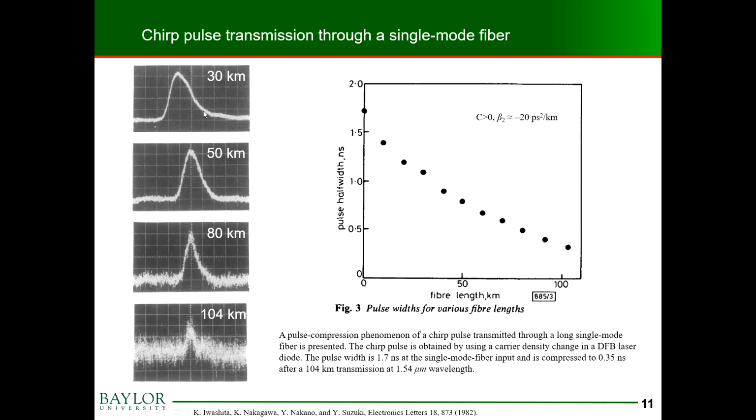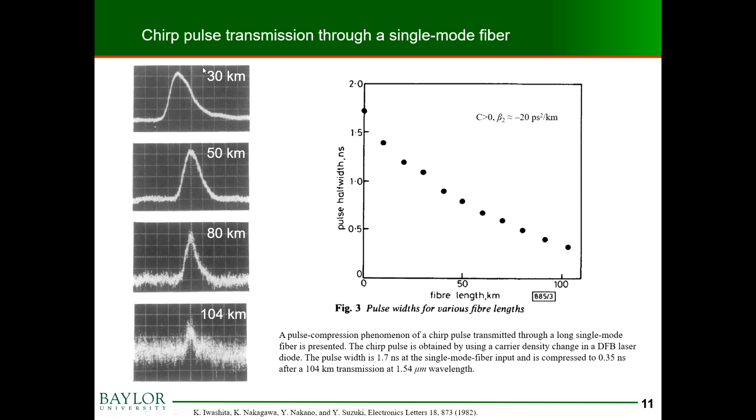Once we have a chirped pulse passing through a fiber, C is greater than 0 and beta 2 is negative, so they interact oppositely with each other. That's why the pulse width is going down. It has a narrower pulse. The pulse is compressed.